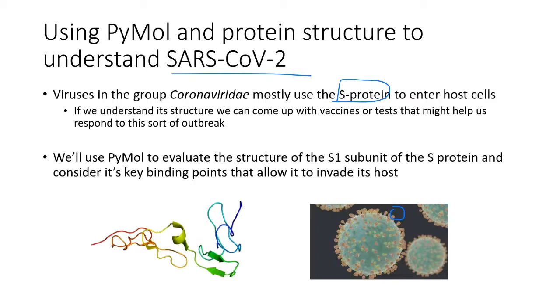So if we understand how this protein is designed, we can find the critical amino acids that are required to interact with this receptor. We are going to hopefully find the parts that work as antigens for our own antibodies, so the antibodies can recognize it and eliminate it from the body.